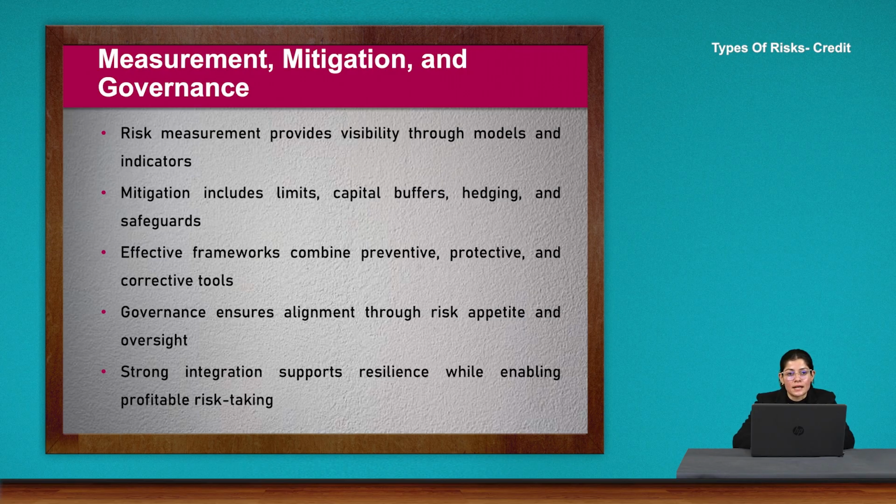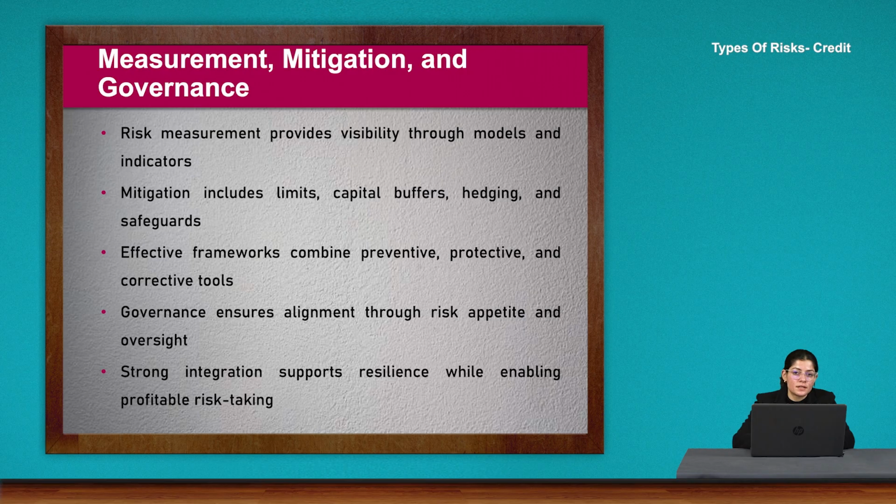Now we will understand about risk management in banking. So risk is an unavoidable aspect of financial intermediation, we know. The fundamental function of a bank, mobilizing deposits and transforming those funds into loans, investments and financial services, continuously exposes it to the possibility of loss. Risk management in banking is therefore not a discretionary or peripheral activity.